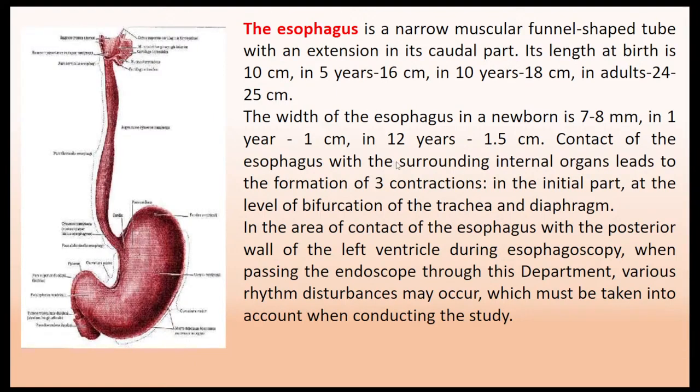Contact of the esophagus with surrounding internal organs leads to the formation of 3 constrictions. In the initial part here, at the level of bifurcation of the trachea, and the diaphragm.